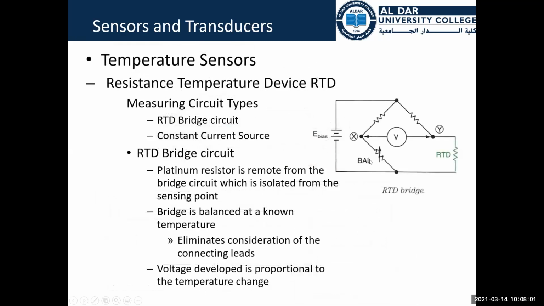But internally, the idea which is important for us as engineers is to understand how it is working. We know about the Wheatstone bridge. We have the Wheatstone bridge here. The RTD is sensing the temperature using this value. First, we need to balance the Wheatstone bridge to 0, so the voltage between X and Y will be 0.